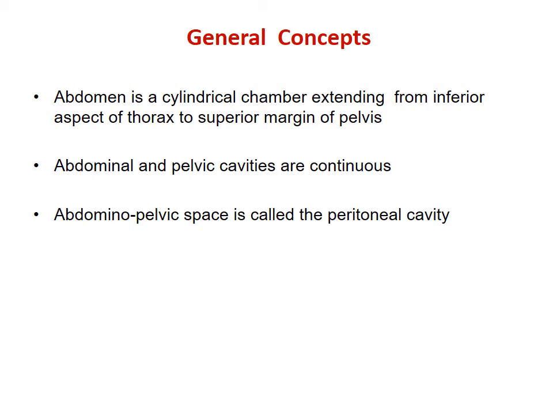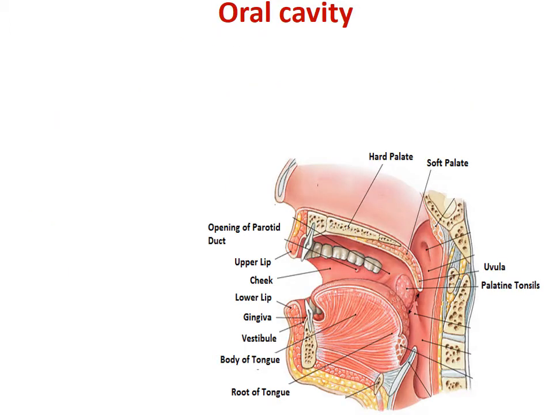So it is a whole continuous space, abdomen and pelvis. The pelvis is the space within the hip bone, right? Within the pelvic bone, right? So that is the pelvic structures and pelvic cavity, and the abdomen is above the pelvis. Then the abdominal viscera are also suspended within the peritoneum. So all the things that are there in the abdomen and peritoneum are covered by the peritoneal membrane.